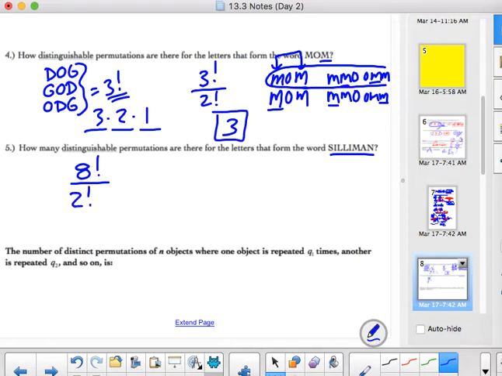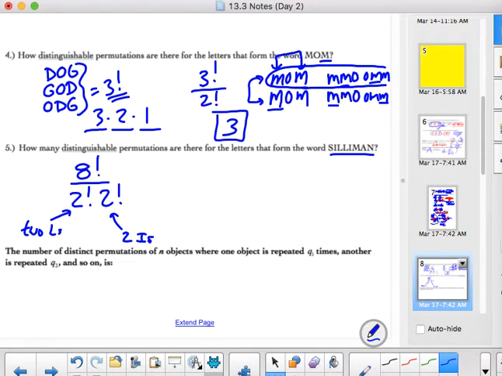I'm going to take 2 factorial because I have 2 L's in my last name, and I'm also going to divide by 2 factorial because there are 2 I's. And just like we did with the MOM example, that's going to uncount or divide out the number of repeats because of the way that those L's would be ordered.